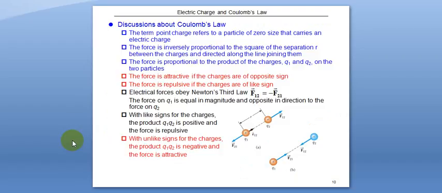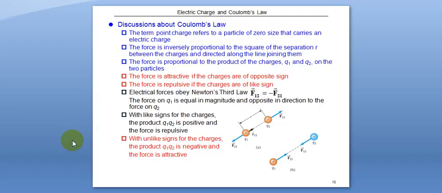And then I will discuss Coulomb's law. The term point charge refers to a particle of zero size that carries an electric charge. The force is inversely proportional to the square of the separation r between the charges and directed along the line joining them.